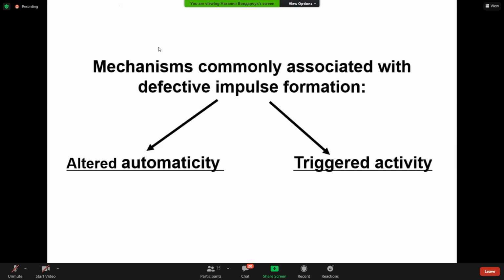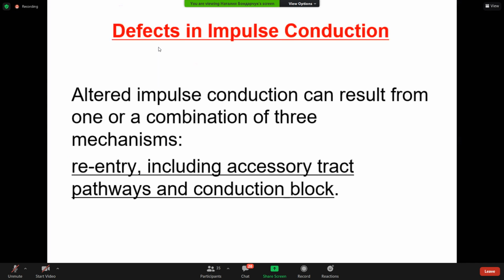Mechanisms commonly associated with defective impulse formation are altered automaticity and triggered activity. Then, defects in impulse conduction. Altered impulse conduction can result from one or a combination of three mechanisms: re-entry, including accessory tract pathways, and conduction block.